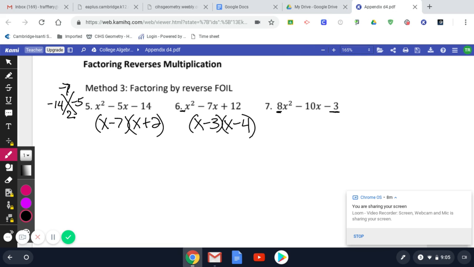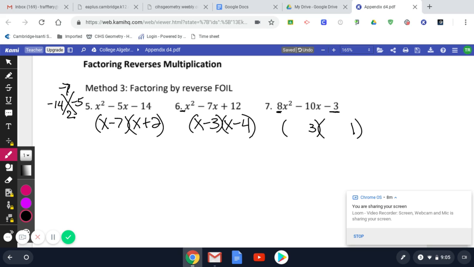Because 3 is prime, it right away tells me that I'm going to have a 3 and a 1. But because it's negative, I could have negative 3 and positive 1, or positive 3 and negative 1. And I just have to work to find out which one it should be. And then for 8, I could have 2 and 4 or 8 and 1.